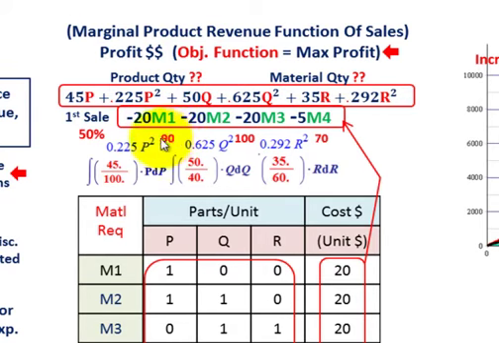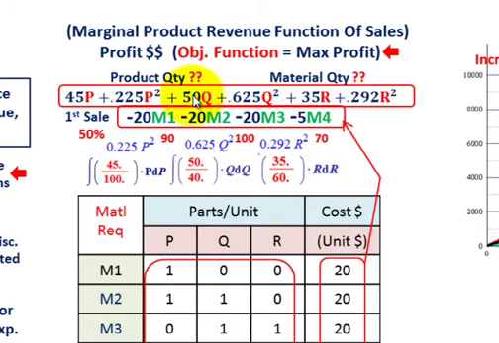We'll start with P. We want to get up to a sales price of 90. We started out with 50% of that, so we have 45 times P plus that integral amount, 0.225 P squared. The same thing for Q. We want to get up to a sales price of 100, so we take 50% of that.